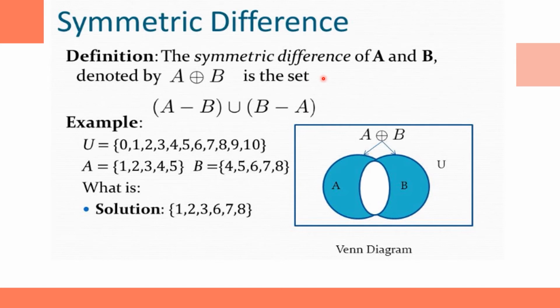A minus B, for symmetry, we make it B minus A. So this is the symmetric difference: A difference B is equal to (A minus B) union (B minus A). So if the question is to find the symmetric difference between these two sets, you find A minus B and B minus A, and find the union finally. That is the symmetric difference between any two sets.